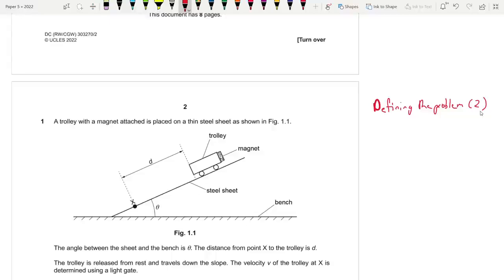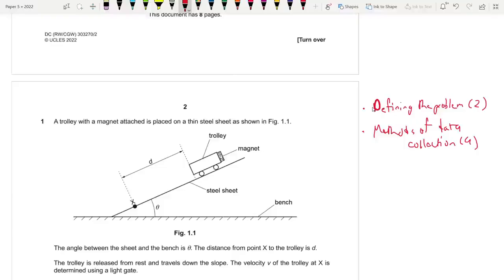Now, there are 4 marks for methods of data collection. 1 mark from here is actually the diagram.